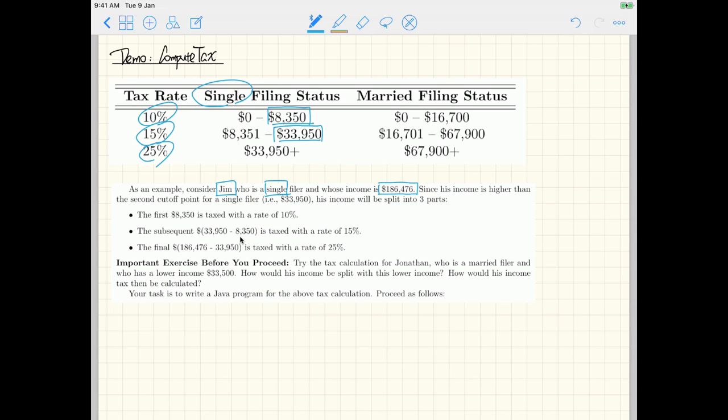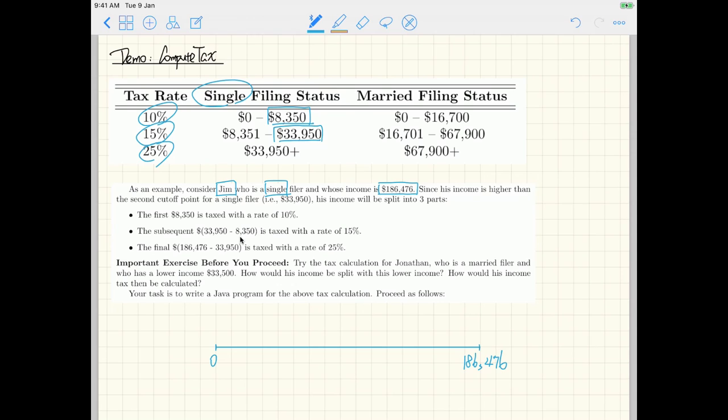Let's draw the number line for Jim's income. Let's say this is his income, $186,476. This is the income, from 0 up to this amount.